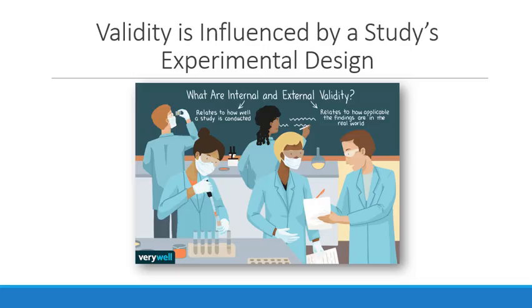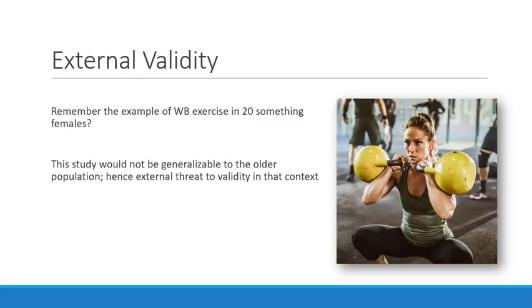And then, of course, external validity relates to how applicable the findings are in the real world. So remember the example of the weight-bearing exercise in the 20-something females. This study may have good internal validity, but may not be generalizable to the older adult population. Hence, external threats to validity are in that context.